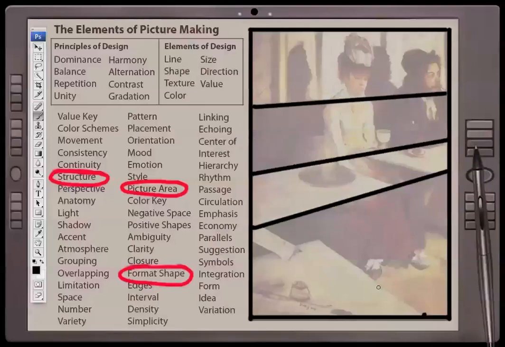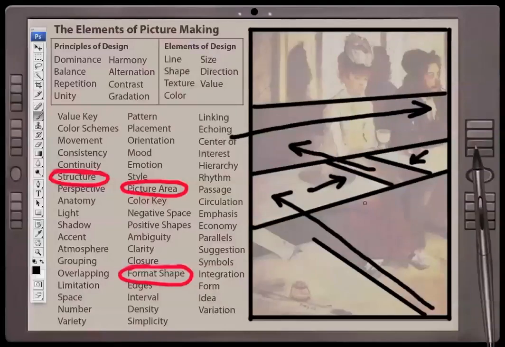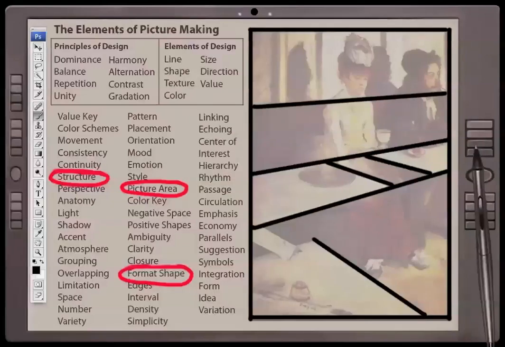And this diagonal and this one and that one provide the opposing direction to these diagonals. So these are moving toward the right, while this one and that one and that one are moving toward the left. So there's movement and counter movement, which establishes balance. When you introduce opposition, you introduce balance.